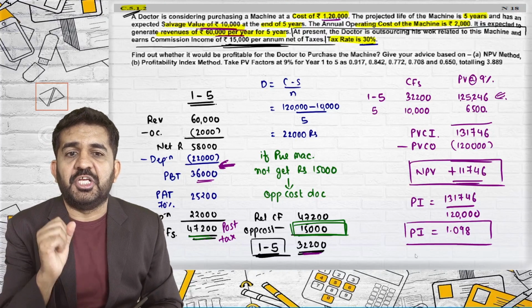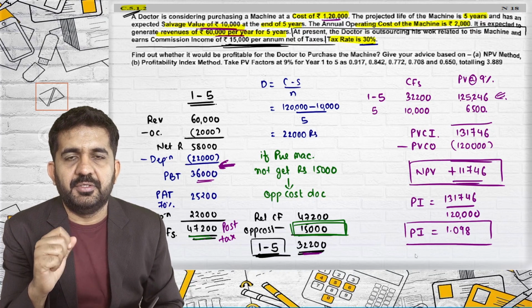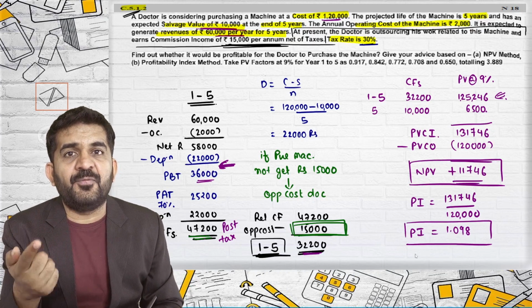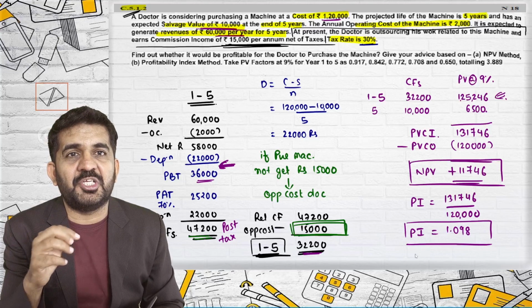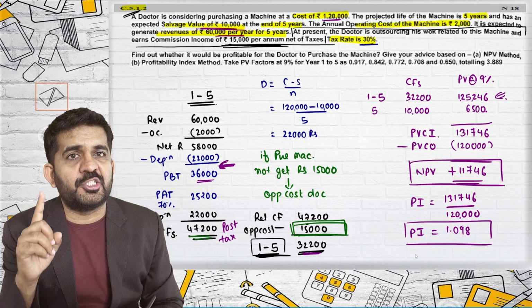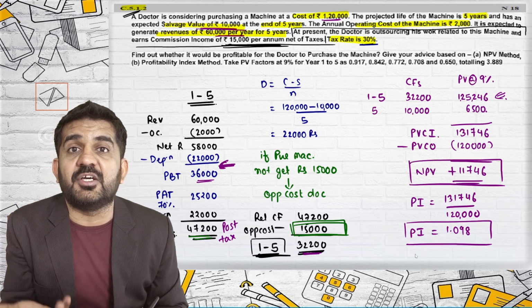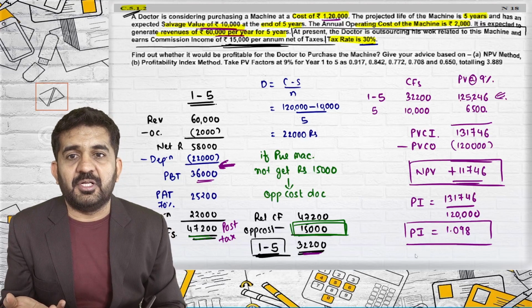Are we selling our machine? Yes, we are selling our machine. At the end of the 5th year, if you are selling your machine, there will be capital gain. I agree, capital gain or loss is not a cash flow, but tax saved or tax payable is a cash flow on capital gain.